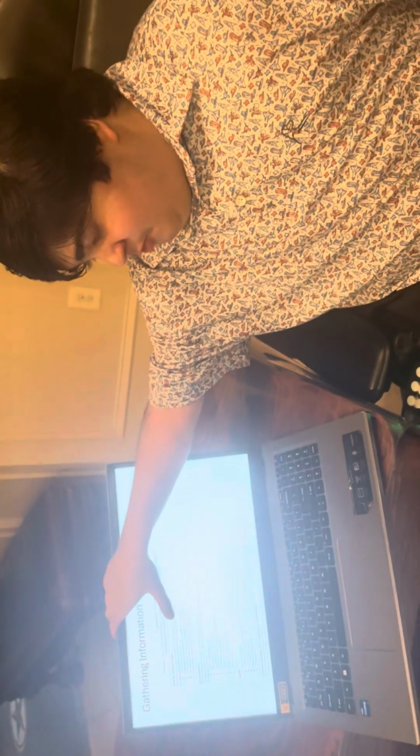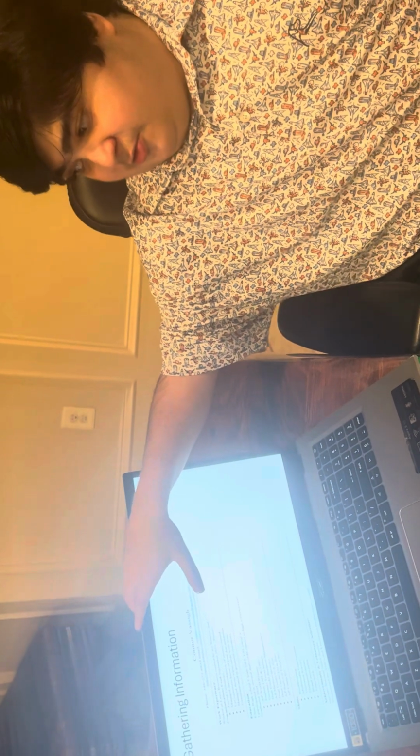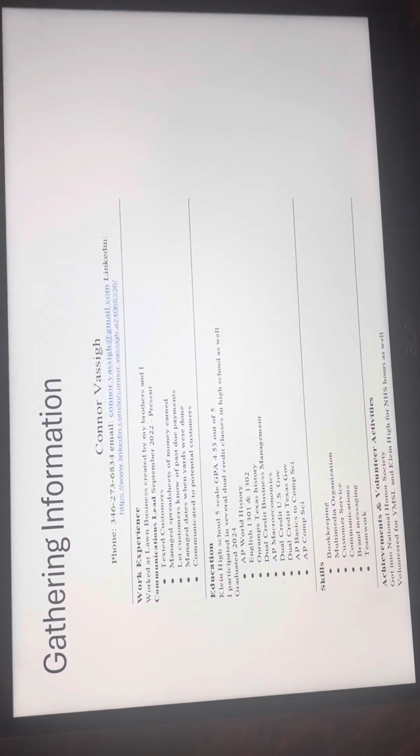Now, for my work experience on my resume, I'm working for a lawn care business that me and my brothers made, and that's really the amount of work experience I have so far. See, 2022 to present of what I did in the work, and I also added my education for high school as well. As you can see, I included my GPA and what AP courses I took during my school years at Klein High School.